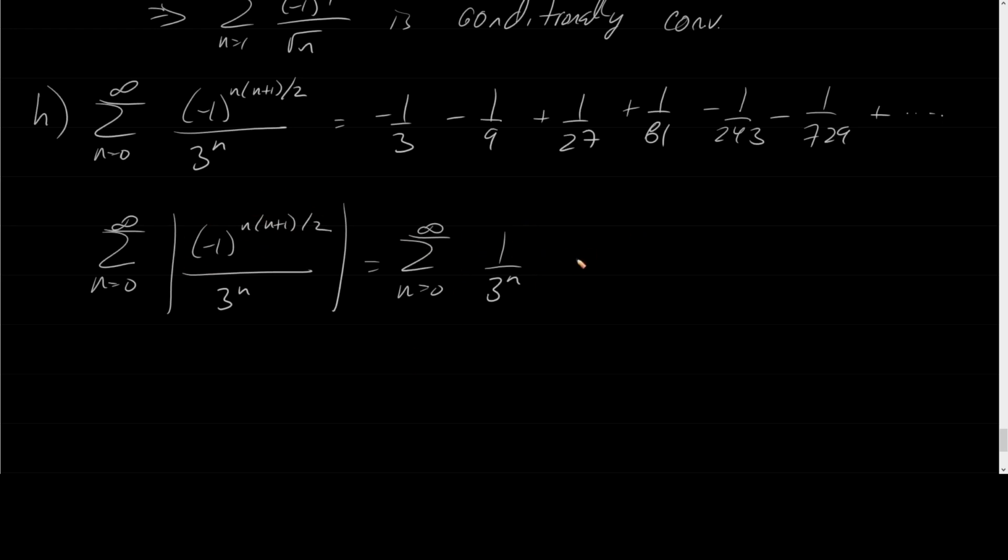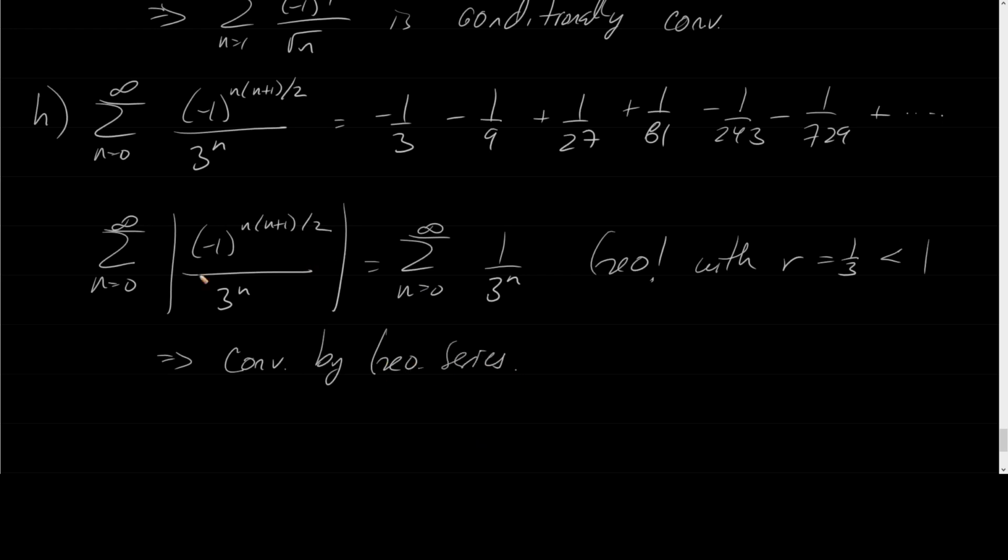And in here, this is geometric with r being equal to 1/3. And the good thing about that is that 1/3 is less than 1. So now that tells us that this series is convergent by the geometric series test.